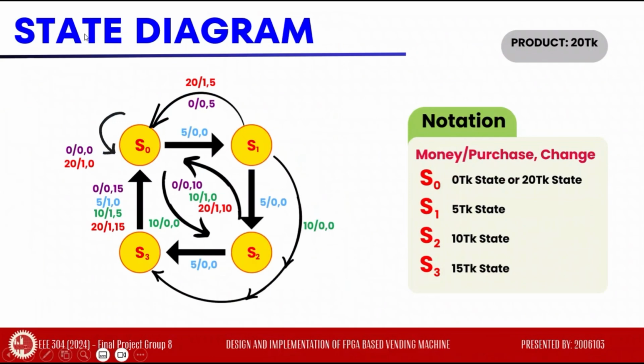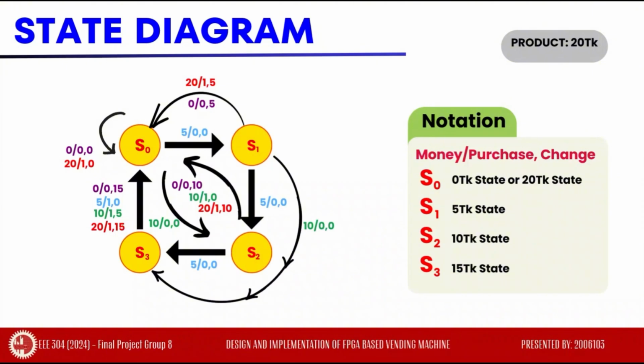The transitions between the states are guided by the money input and the machine's response. The notation on the arrow, such as money, purchase, change, indicates the amount inserted, whether the product is dispensed, and any remaining balance returned.